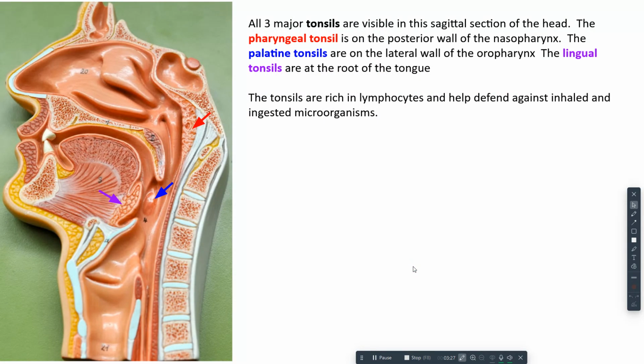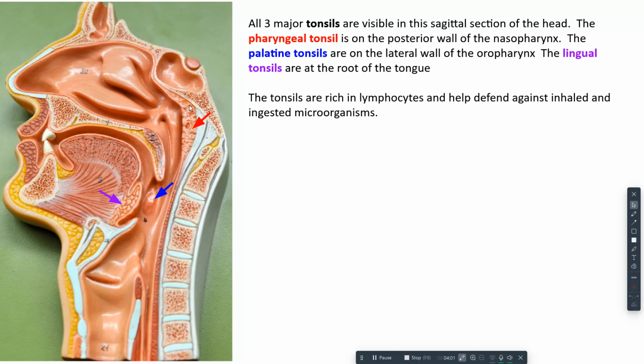And with that, we're moving on from the spleen to another lymphatic organ, and that is a trio of tonsils. You've got three major tonsils that are forming a ring around the entrance to your pharynx or throat. We see all three major tonsils in this sagittally sliced head here. So here is the nose, here is the nasal cavity, and in this region right here is the nasopharynx.